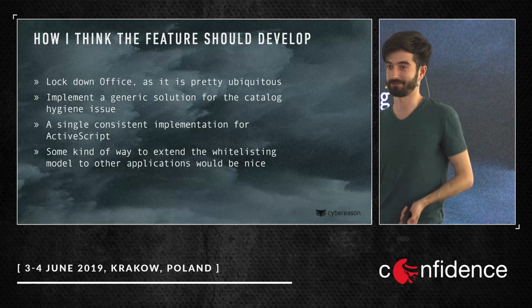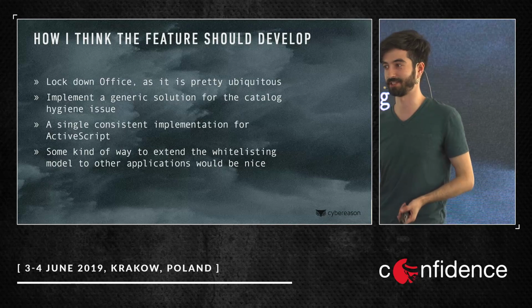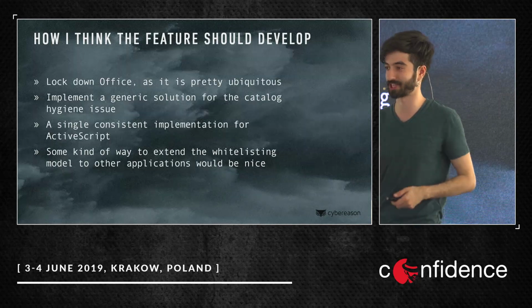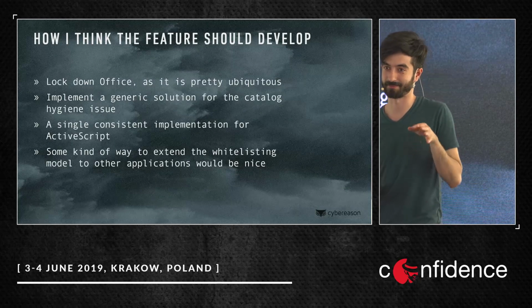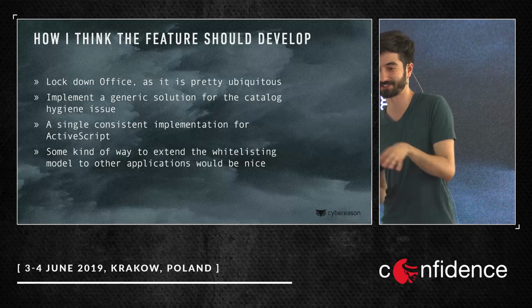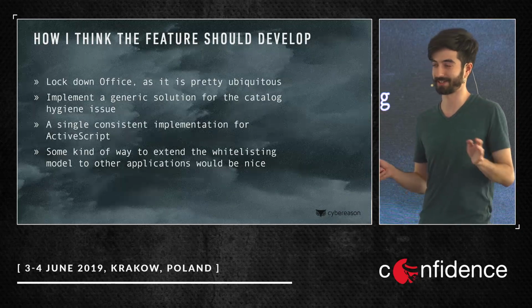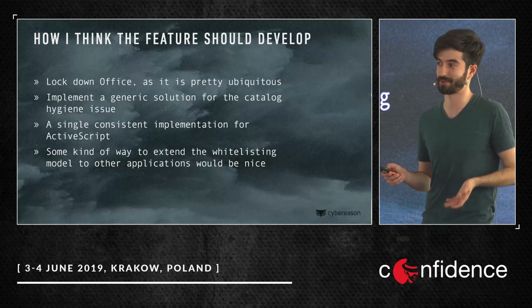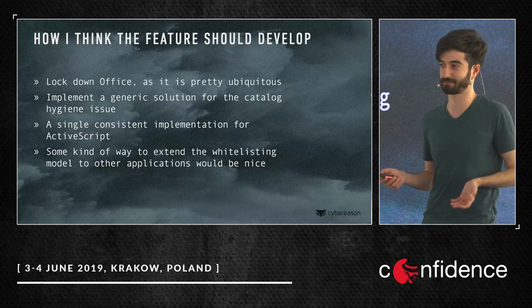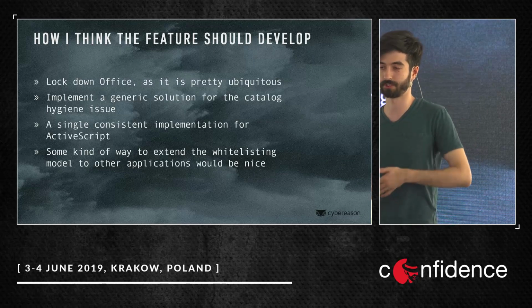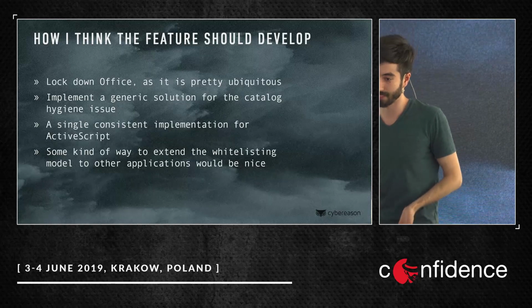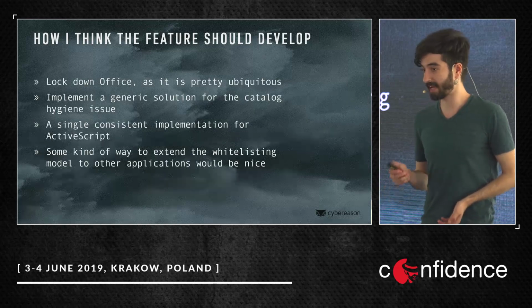So if today you have a fully updated version of Windows and you just go Python, it will try to install Python. So starting with a more generic implementation of Device Guard for pretty much everything, I think is a smart move, because what if I wanted to use Java? There's no Device Guard for Java. So you really need to extend this model to allow people to use different types of code. Anyway, that's pretty much the end.